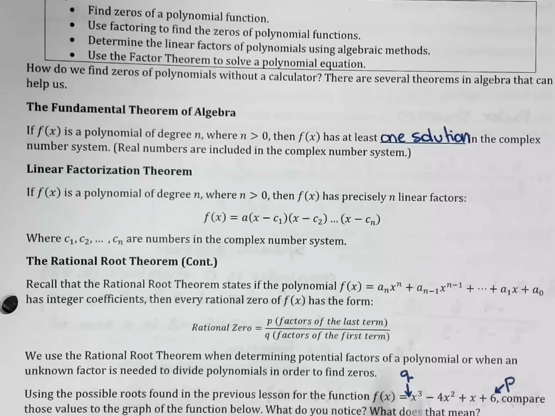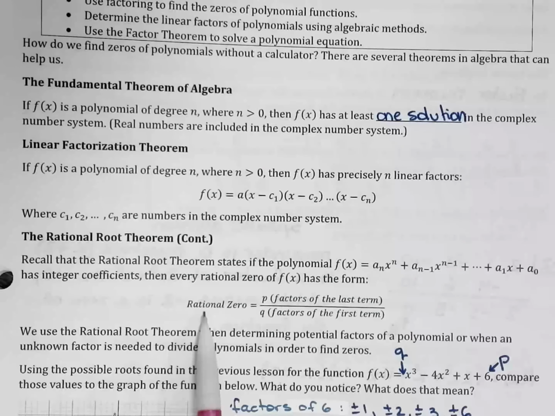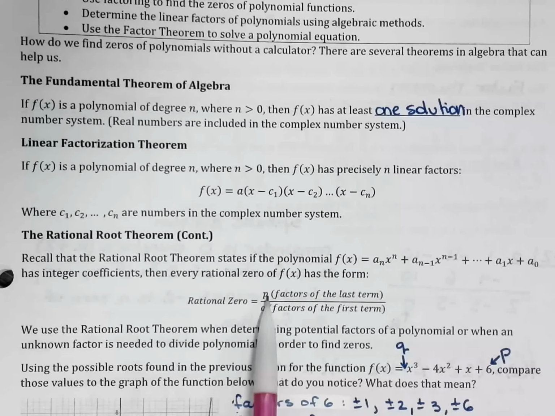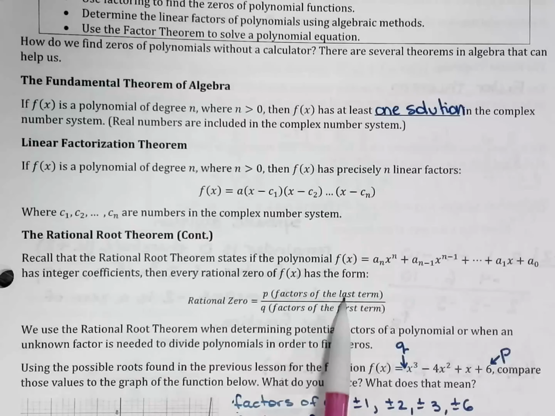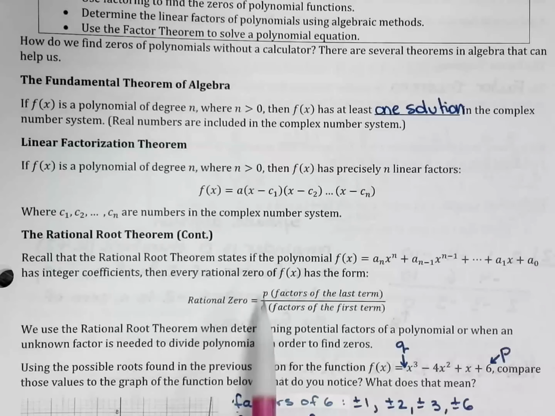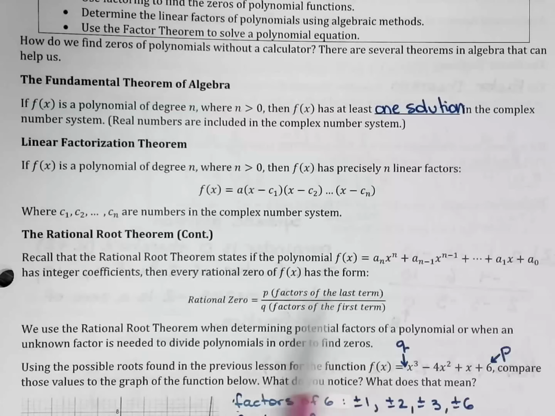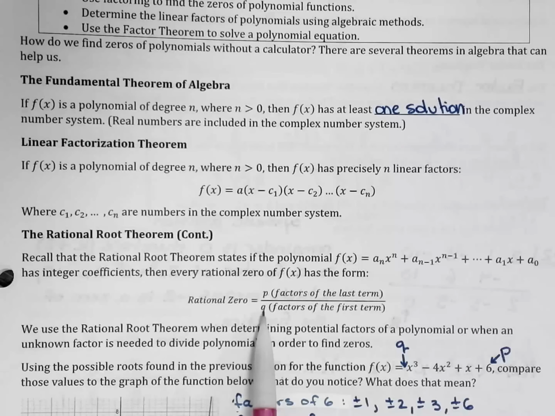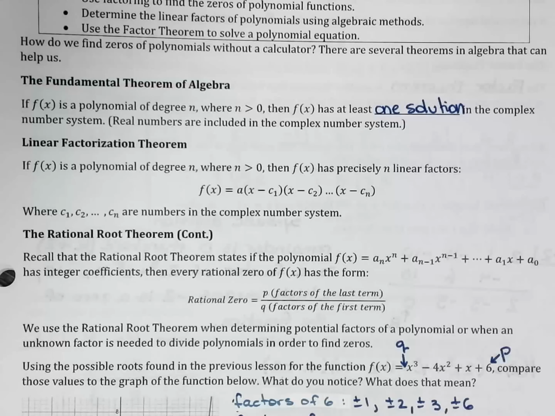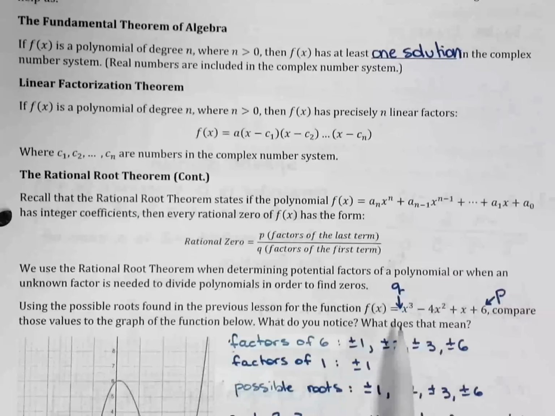For the rational zeros, we're going to get p, all the factors of p, which is the last term of the polynomial, and I'm going to work an example right here for you. Then all the factors divided by all the factors of the first term, which is q. So it's always p over q, and we divide.